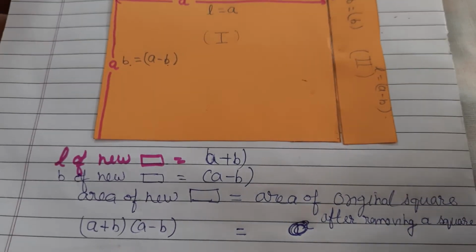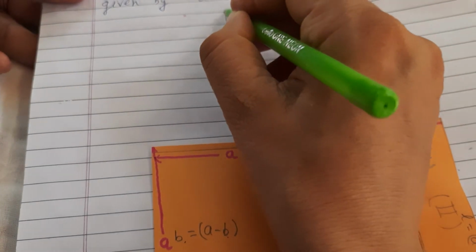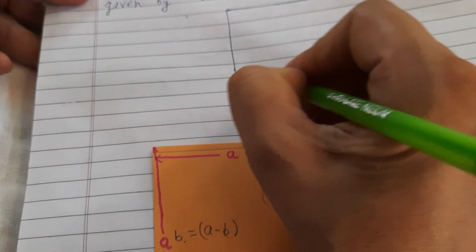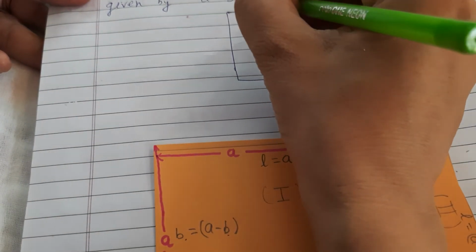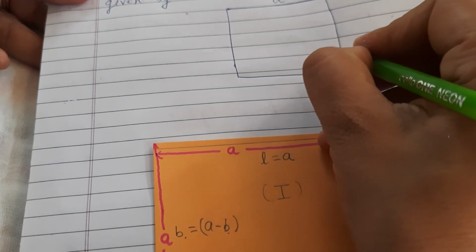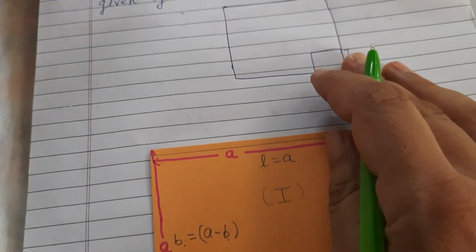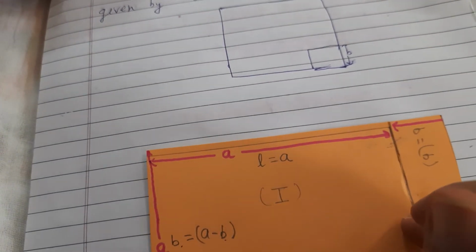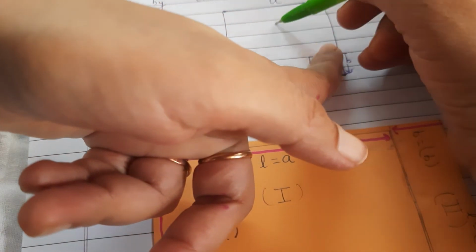You can see this was our original square whose side was A, and we have removed another square of side B. So now we got these two rectangles from this square.